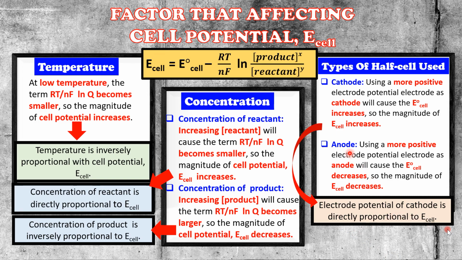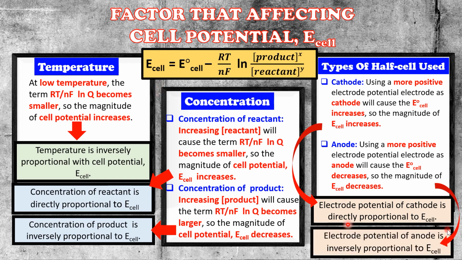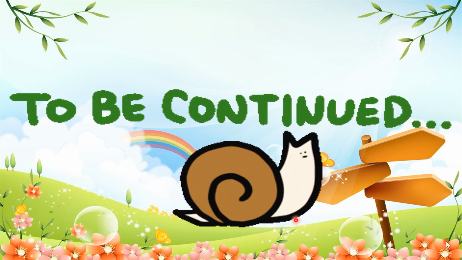As for the anode, using a more positive electrode potential electrode as the anode will cause E0 cell to decrease. E0 cell will decrease, so the magnitude of E cell also decreases. So we can conclude that the electrode potential of the anode is inversely proportional to E cell.